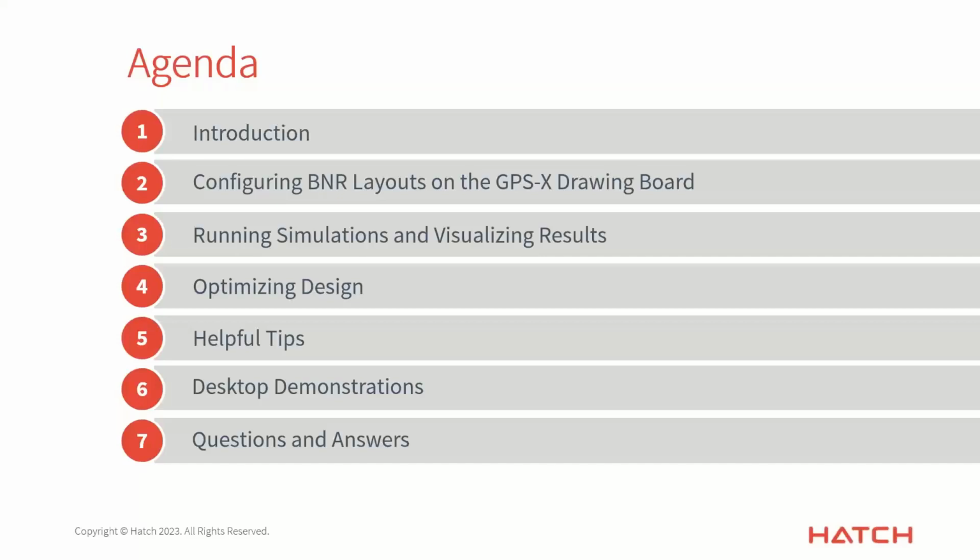We want to be able to represent the information in the most useful way possible. And over the years, over all the releases of GPS-X, we've put in quite a lot of interesting features to be able to do that. And I think some of them maybe not everybody knows about. So I'm going to try and point out a few interesting things that you might not have seen before along the way during my desktop demonstrations that we're going to do today.